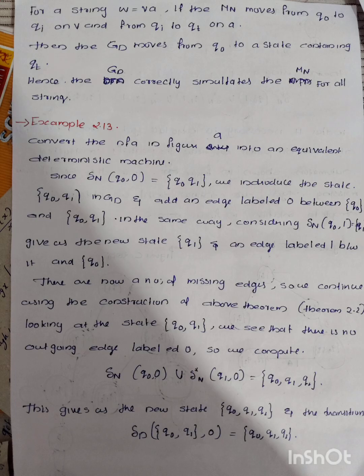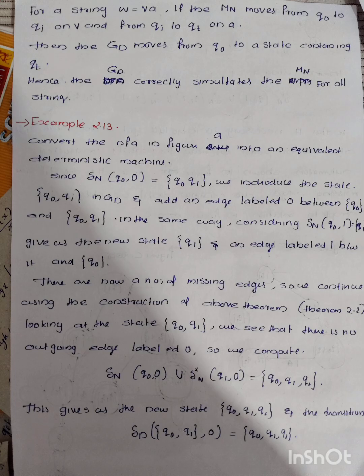There are now a number of missing edges, so we continue using the construction of the above theorem, Theorem 2.2. Looking at the state {q0, q1}, we see that there is no outgoing edge labeled 0.